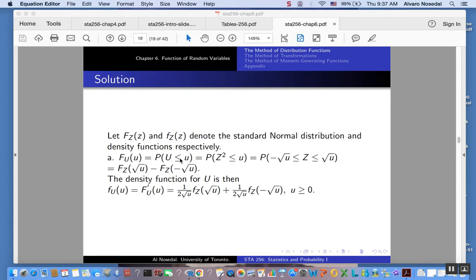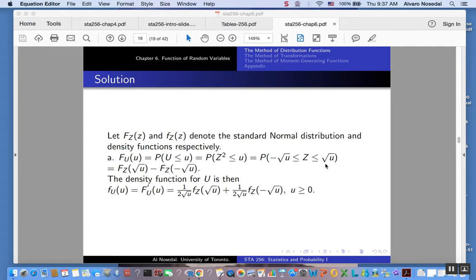So the event of the random variable U being less than or equal to some number is equivalent to z squared being less than or equal to that same number. Now the probability that z squared is less than or equal to u is equivalent to the probability that z is between negative square root of u and positive square root of u.